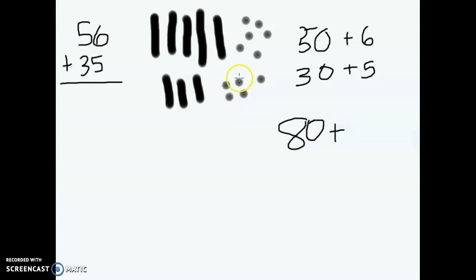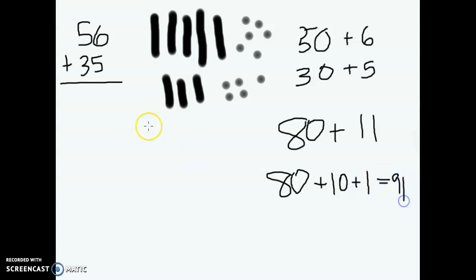And I have 1, 2, 3, 4, 5, 6, 7, 8, 9, 10, 11 ones. I know that 80 plus 10 is 90, and one more is 91. So the value of 56 and 35 food items is 91 food items.